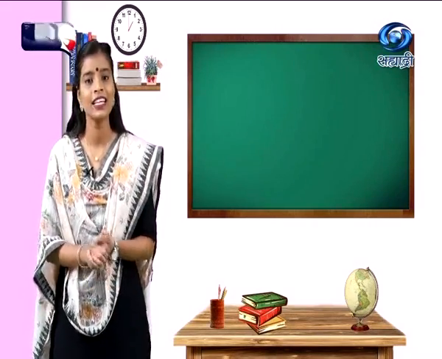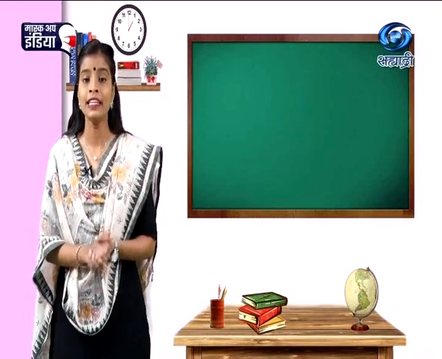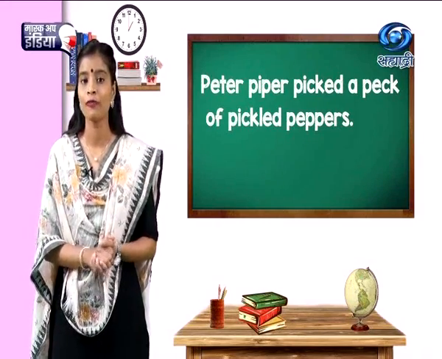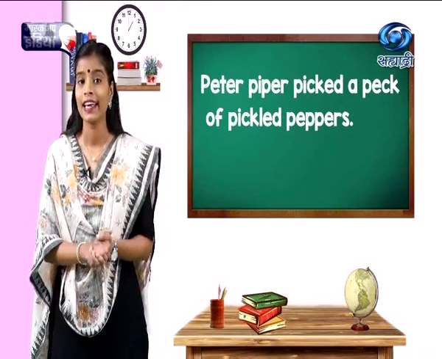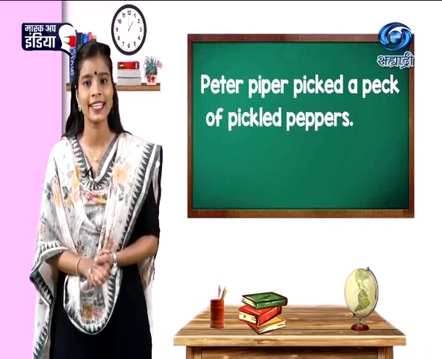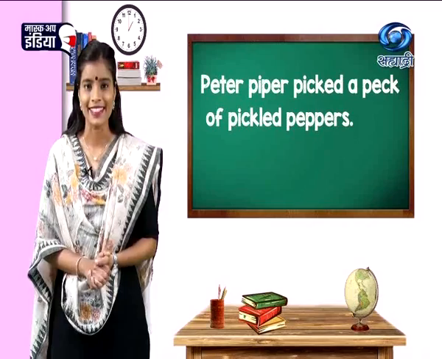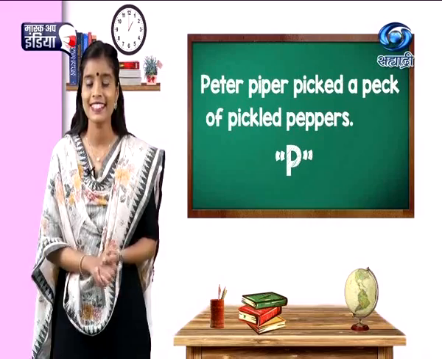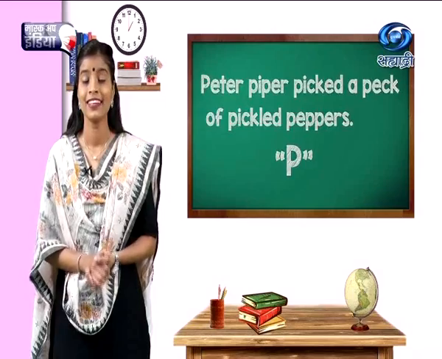When a letter is repeated in a line or stanza. For example, Peter Piper picked a peck of pickled peppers. Can you tell me in this line which is the letter that is repeated? Yes, it is the letter P. So this is an example of alliteration.